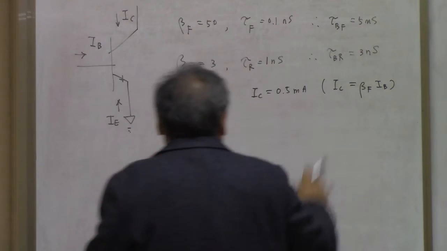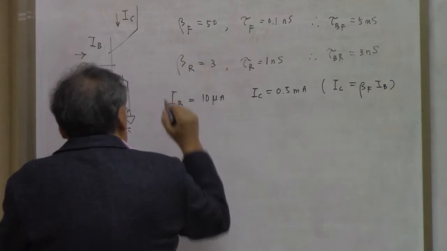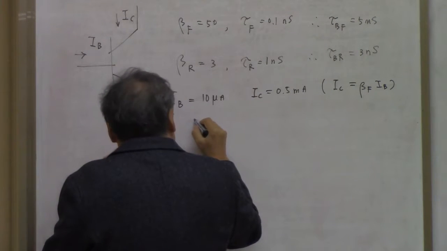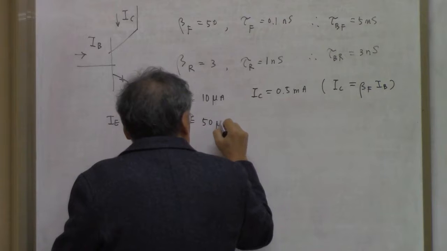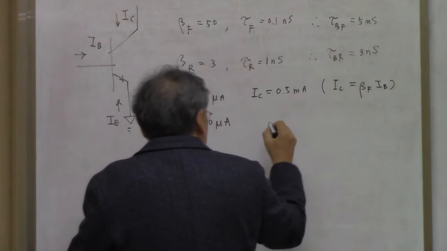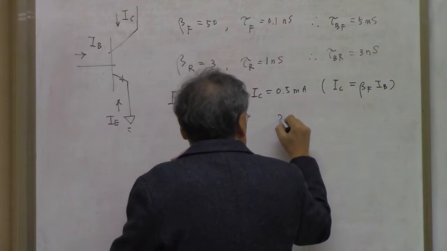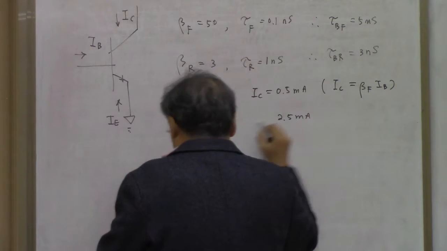So it should be something like this. And when the base current increases to 50 microamps, then of course it's going to be 2.5 milliamps.